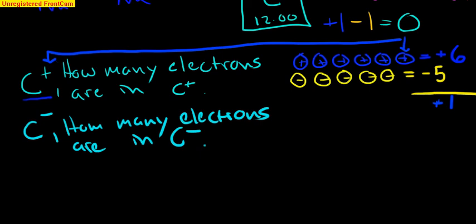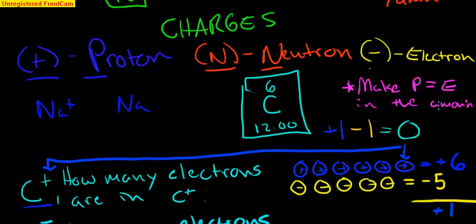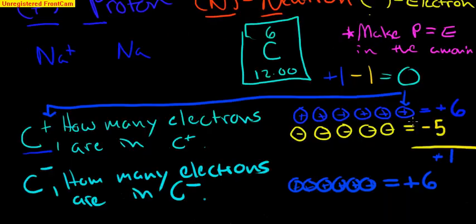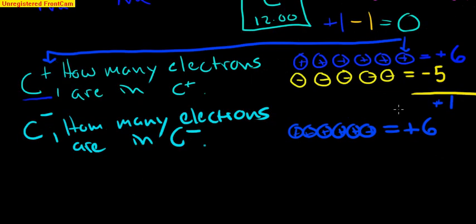All right, so we know we're still talking about carbon. I still said carbon. So we know that carbon has 6 protons from the periodic table. Positive charge, positive charge, positive, positive, positive, positive. So we have a plus 6 charge. Remember the golden rule? Make the amount of protons equal electrons.